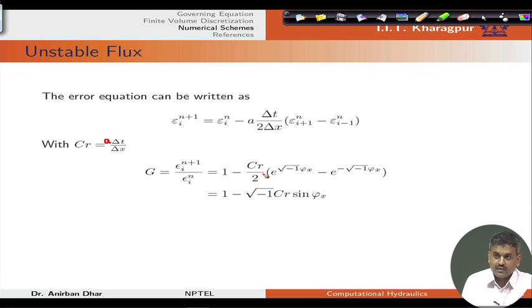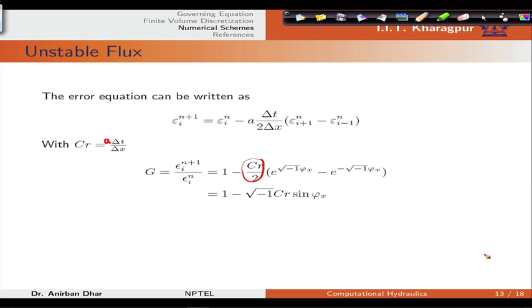So, this is CR by 2, and as per our convention, we can directly write it as e to the power square root of minus 1 phi x.